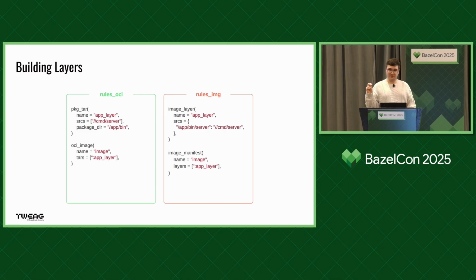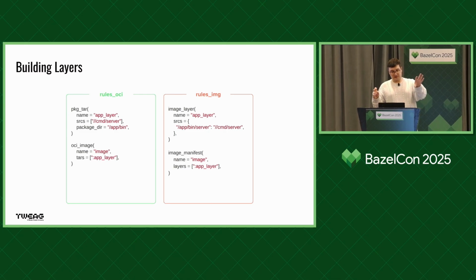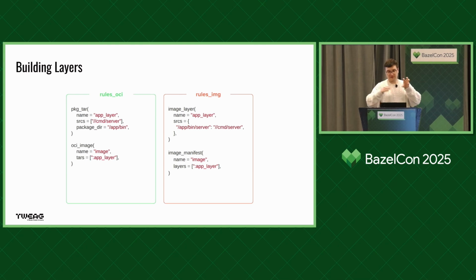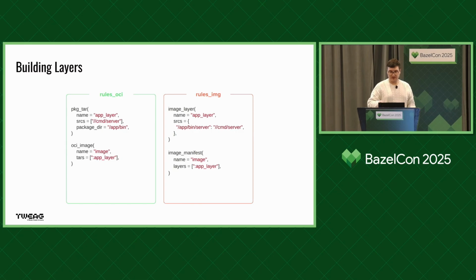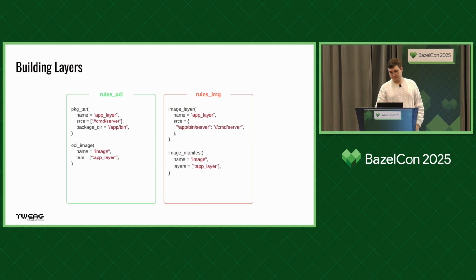And that allows you to deploy the image to a registry and then pull it later at runtime, and you can pull it lazily. So you don't need to pull the full image to run it. You can just pull the parts that you need at runtime.